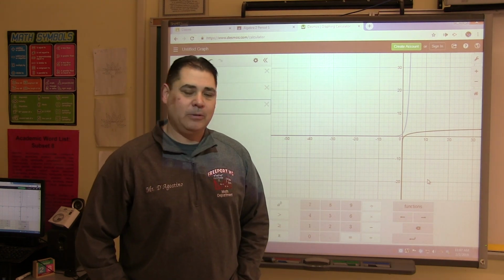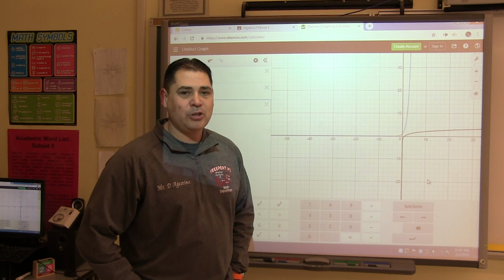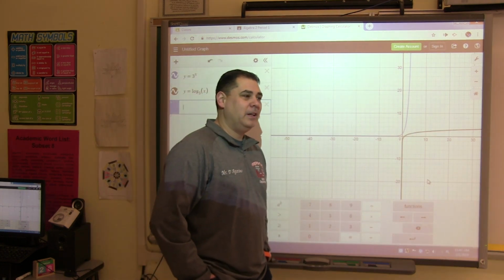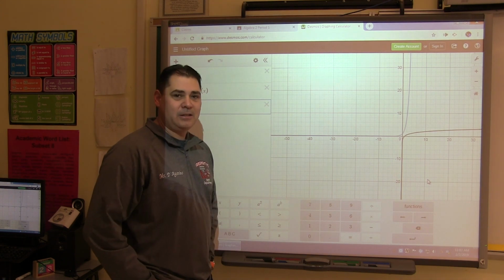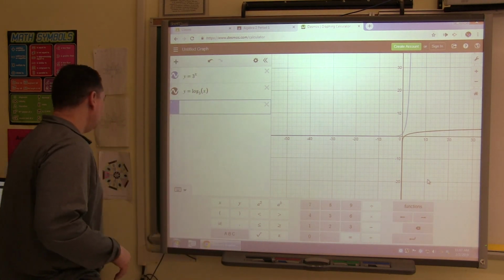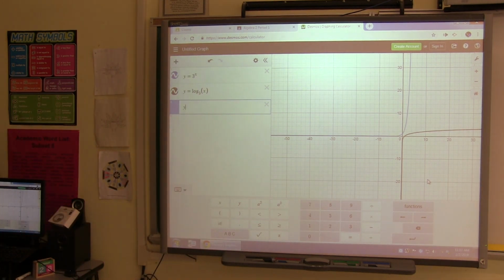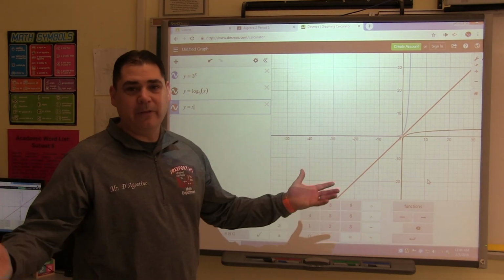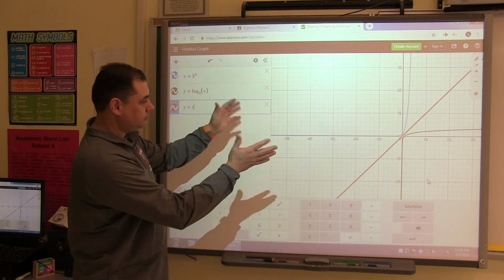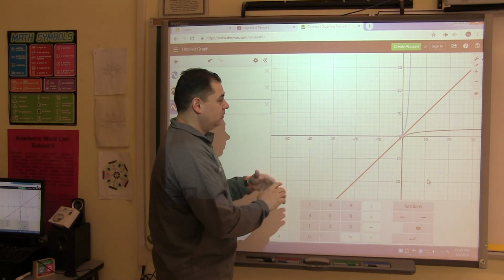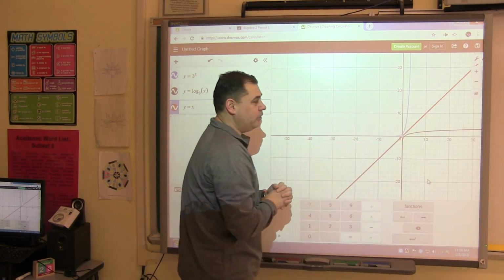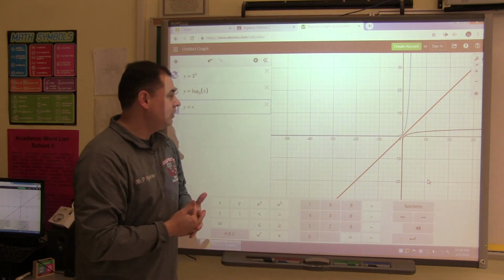They were thinking, and since we've done functions before, they realized that it looks like we're going to have a y equals x line there. So what we did was we typed in y equals x, and that's our new red graph. And guess what? The exponential function and the log function reflect over the y equals x line.